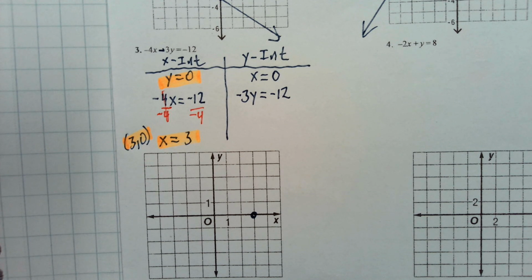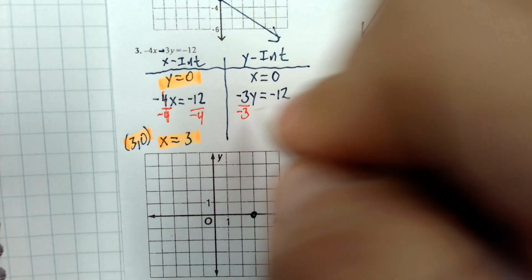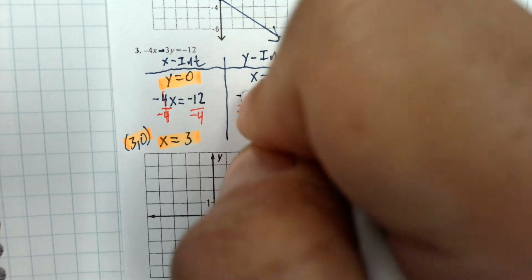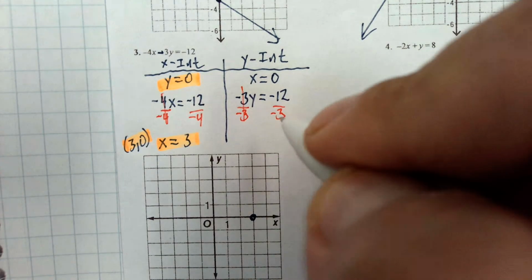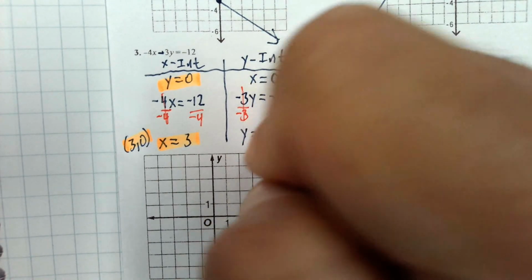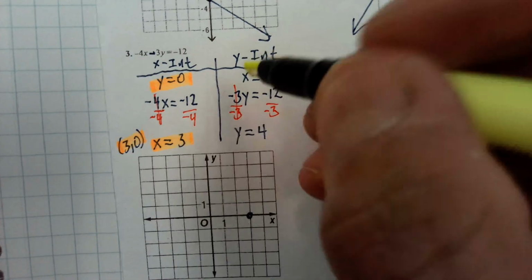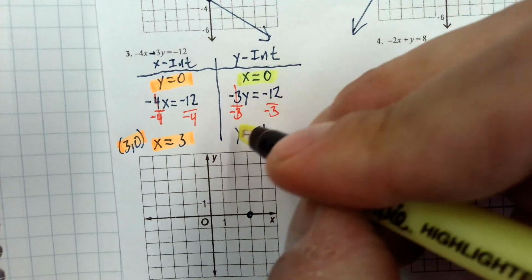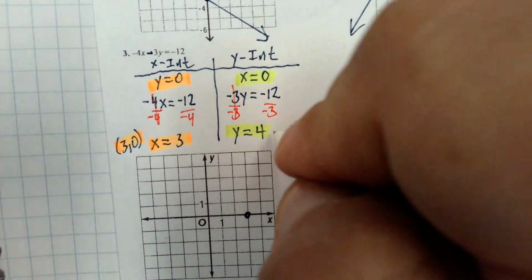Didn't need to go through that extra step. Let's solve it. Divide by negative 3. Okay. And that would give me y equals positive 4. So this fact led to this fact, which is going to give me the ordered pair 0, 4.